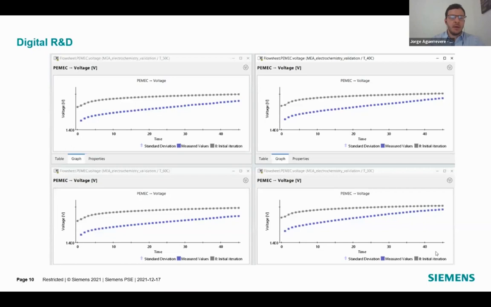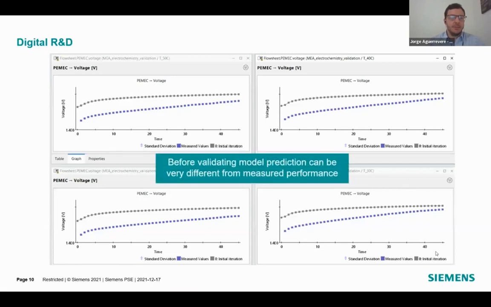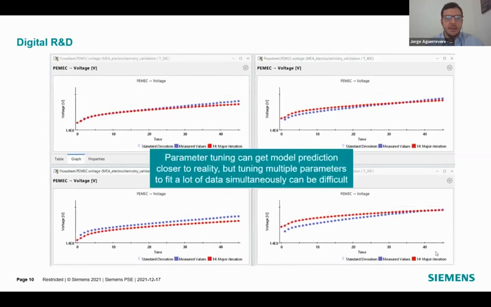So how we achieve this is we start with a model, and the model at start has some default values for parameters. And when we compare that to data, it's often at a start quite far off. Some parameter tuning can help bring these values closer to the experimental data.